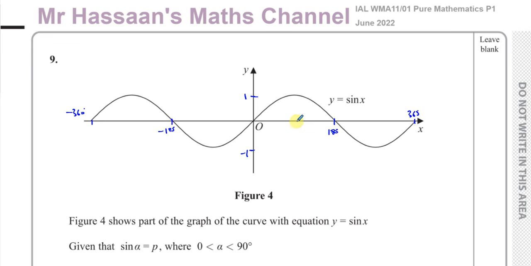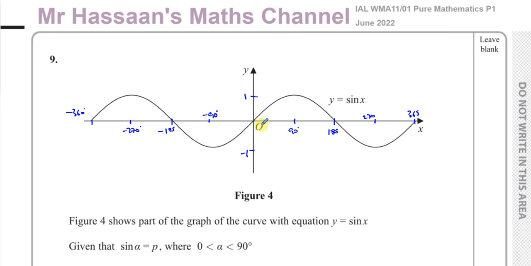The first time it reaches the maximum is at 90 degrees, and the minimum of -1 is at 270 degrees. It reaches -1 again at negative 90, and then here at negative 270.